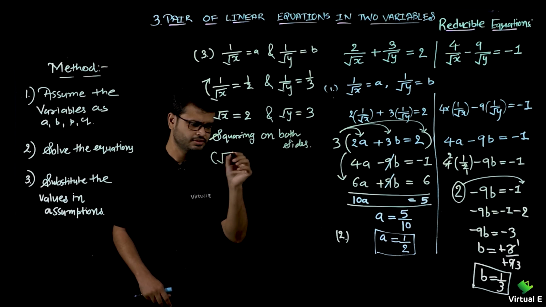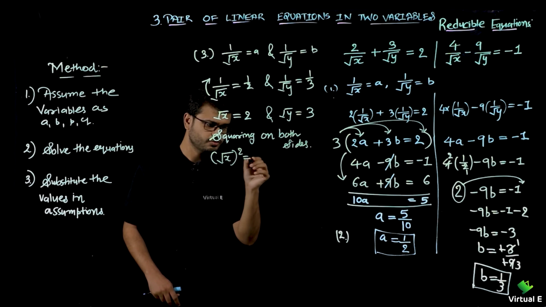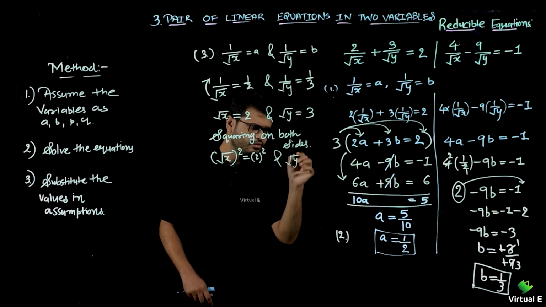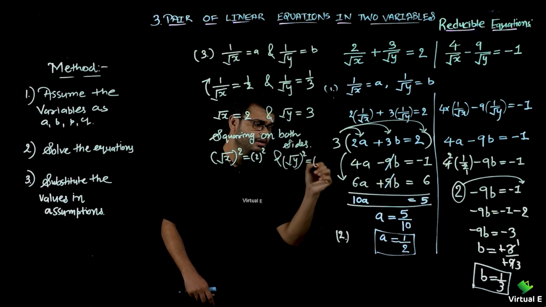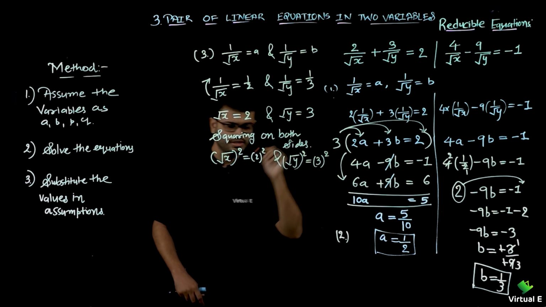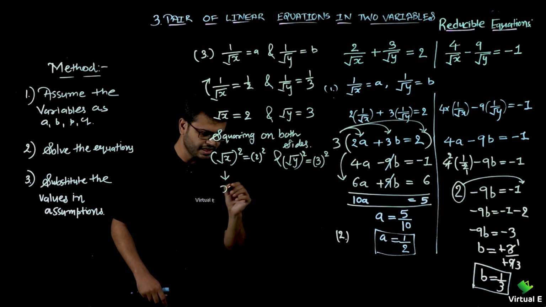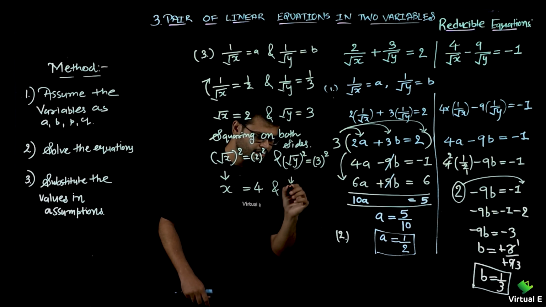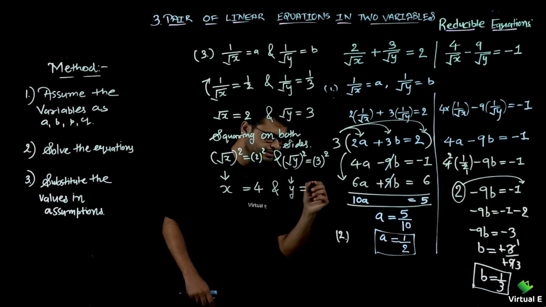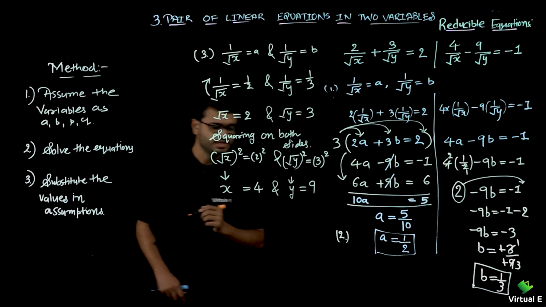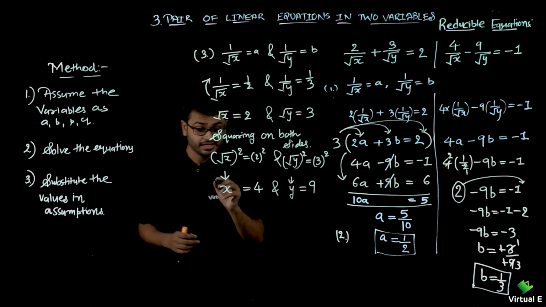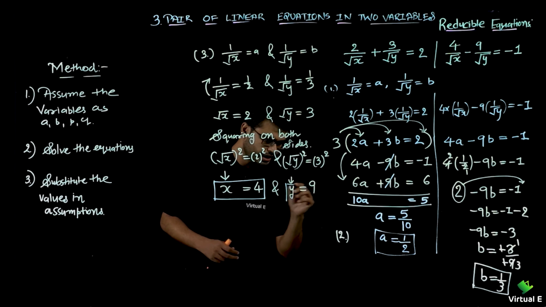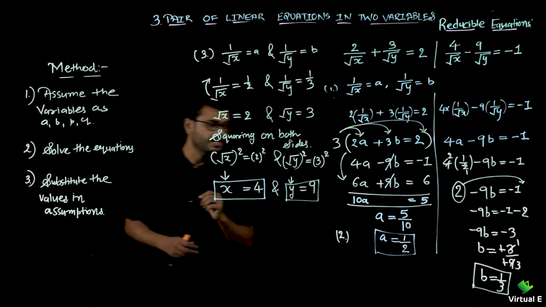So this is square root of x whole square, 2 whole square, and square root of y whole square is equal to 3 whole square. So here it is simply x, here it is 4, and here it is y, and then it is 3 square, which is 9. So my final solution is x is equal to 4 and y is equal to 9.